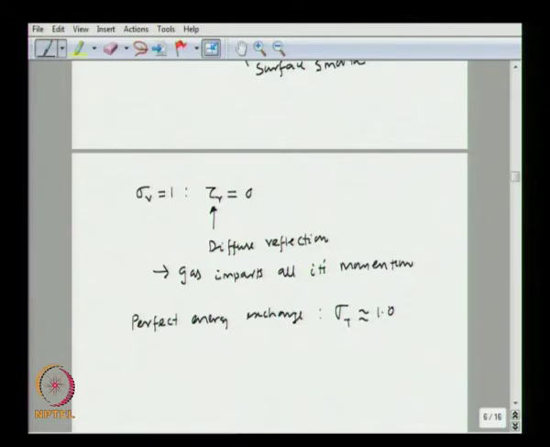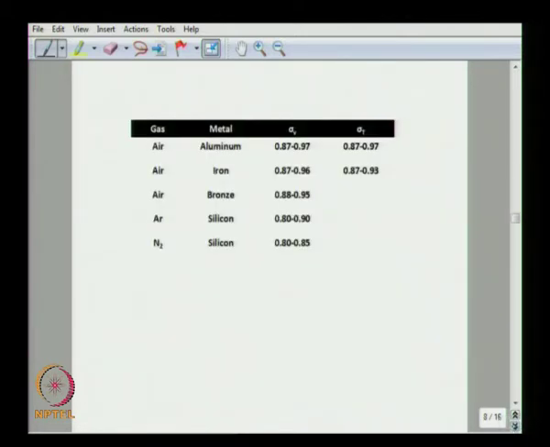Now, let us look at some of the surfaces where we can know the values of the momentum and the temperature accommodation coefficients.